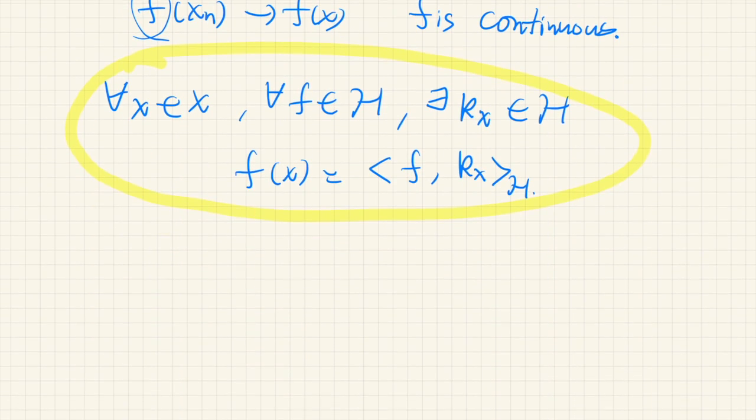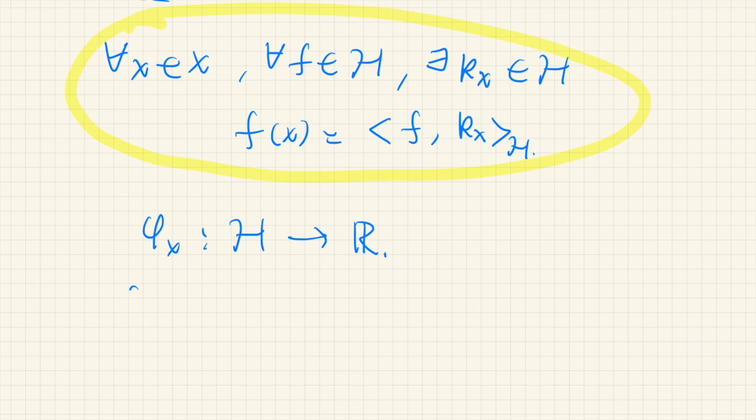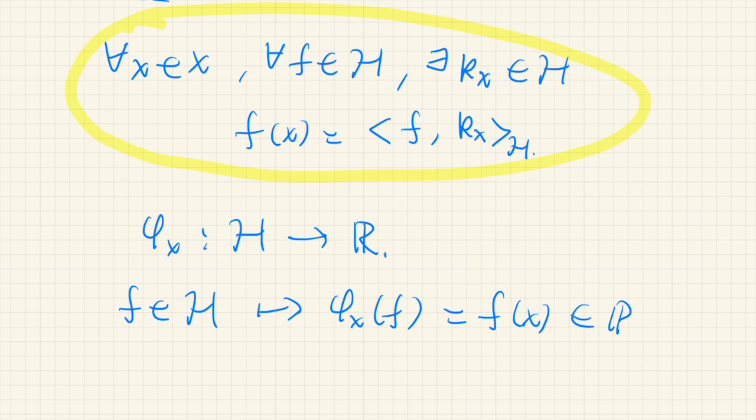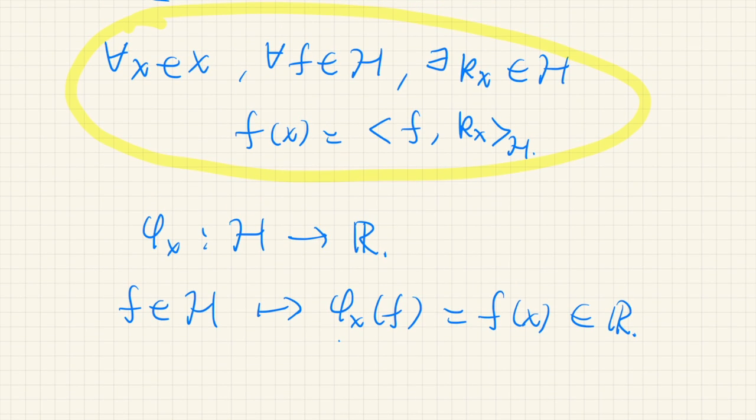To do so, let us define a functional. Let us define the functional phi_x from the Hilbert space H to real numbers by this: for any f in the Hilbert space, f maps to phi_x(f), which is defined as f(x), a real number. If we define phi_x in this way, then we can show that this is actually a linear functional.